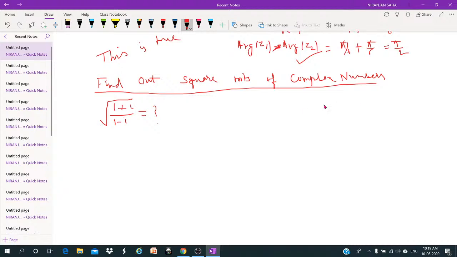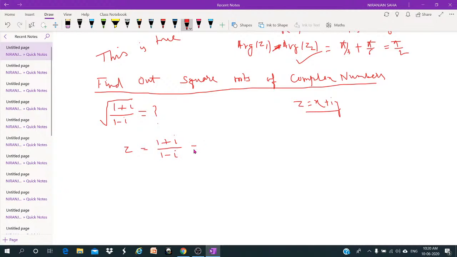We will first express this in the form z equal to x plus iota y. So take z is equal to 1 plus iota by 1 minus iota.